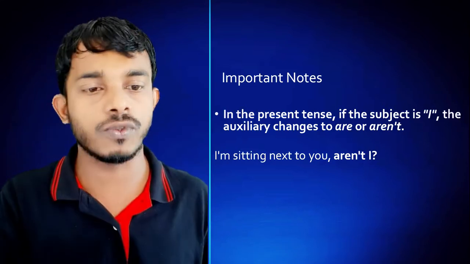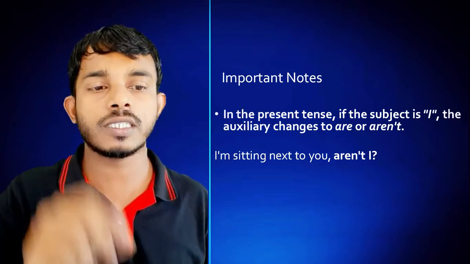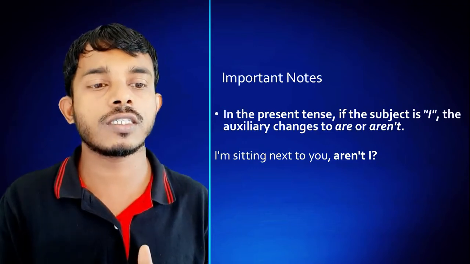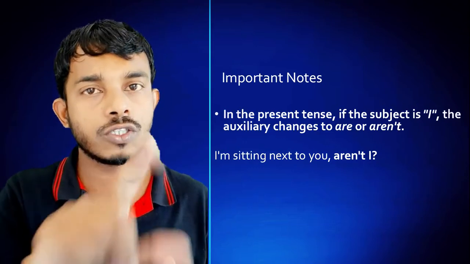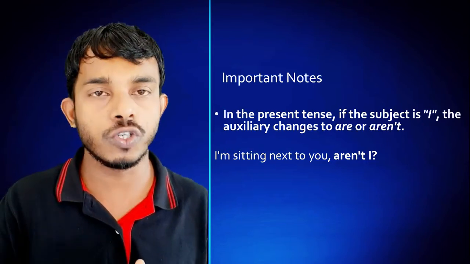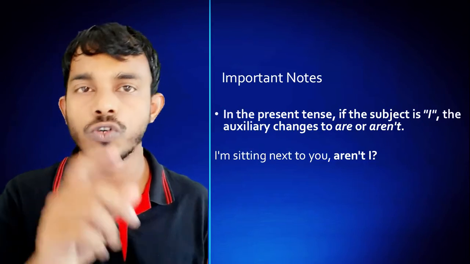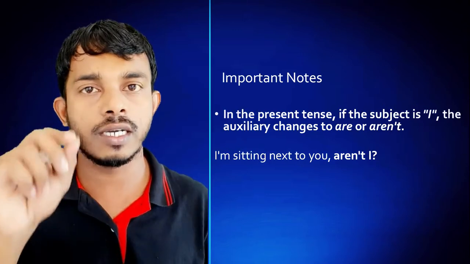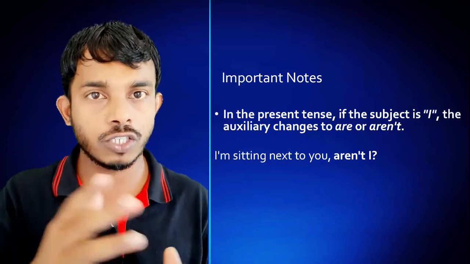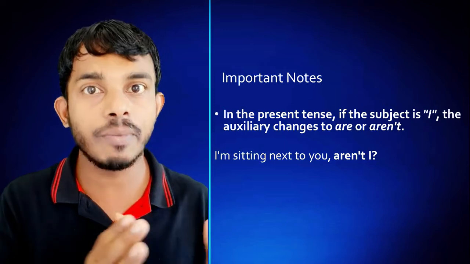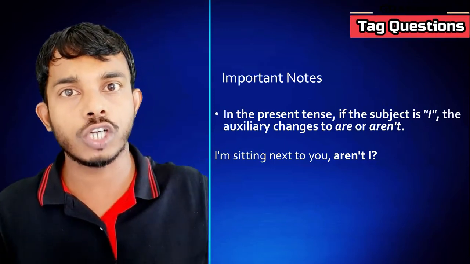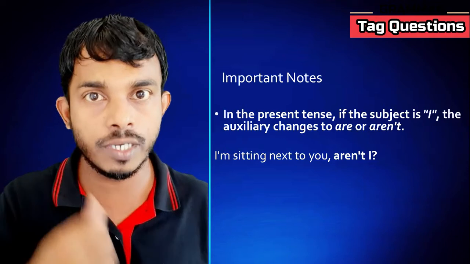Be very careful. First, number 1: in the present tense, if the subject is I, the auxiliary changes to are or aren't. I did not tell this earlier. Example: I'm sitting next to you. The answer is aren't I. Look at the sentence: I am sitting next to you. Actually, amn't I would be the correct answer, right? Amn't, am not I, which should be the answer?